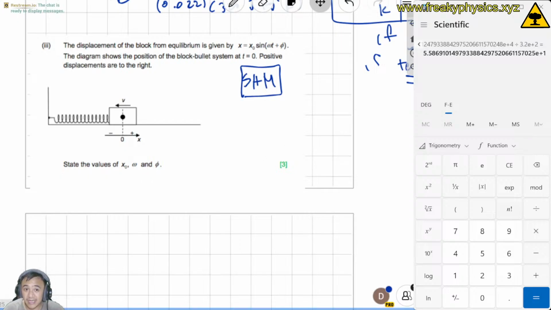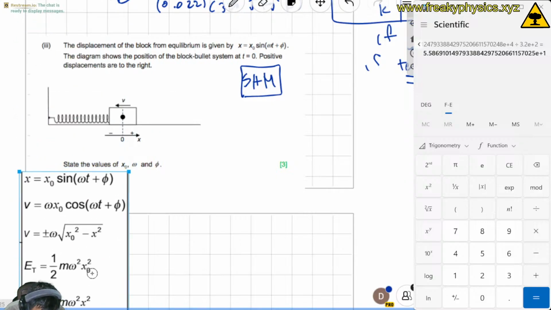Okay, you have to go back to the data booklet to make this easier. Simple harmonic motion would be topic C. Yeah, you're going to use the HL versions of the formulas. All right, so let's put all the equations we need here first, and then let's pick which one is best.